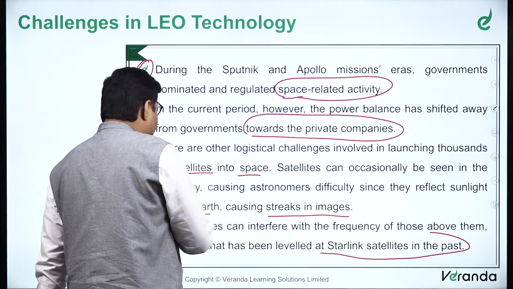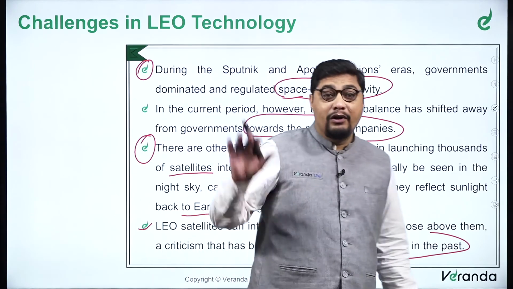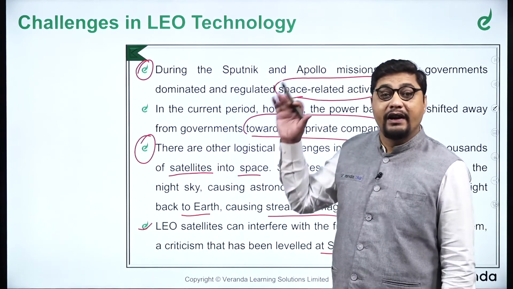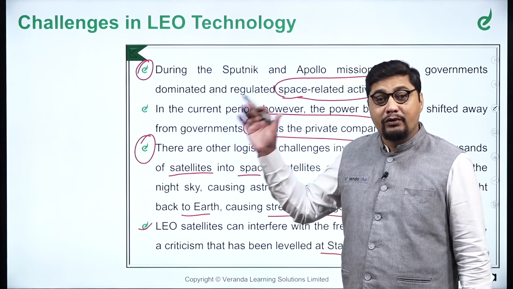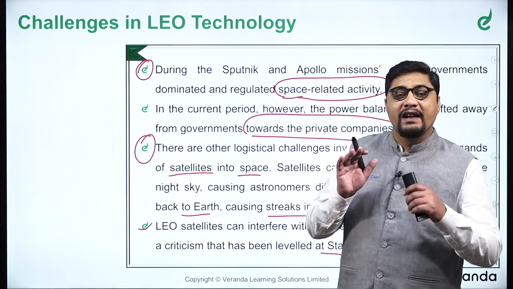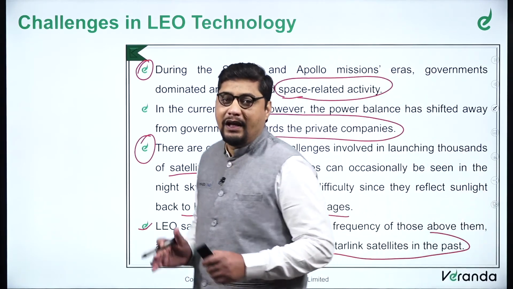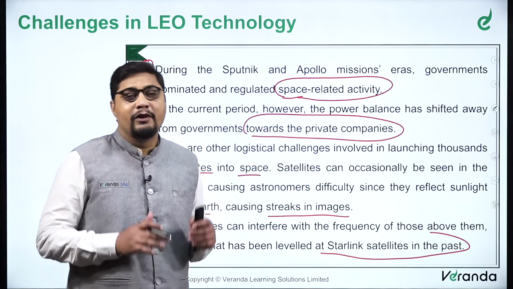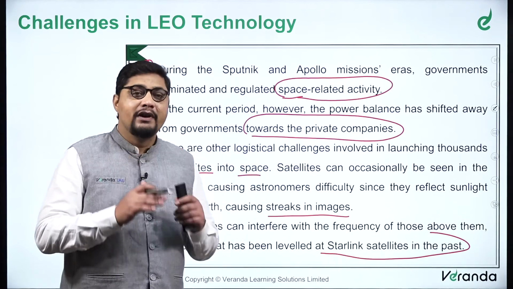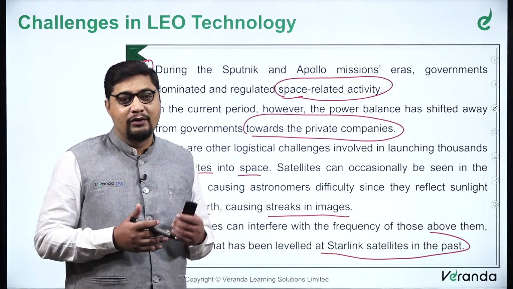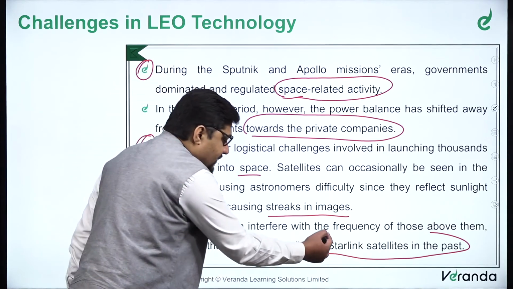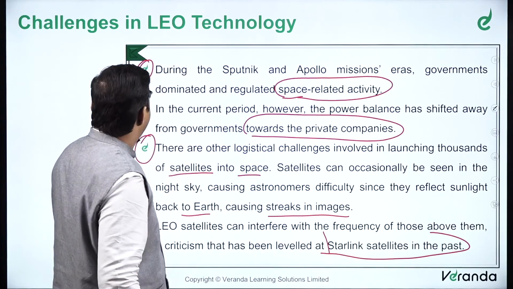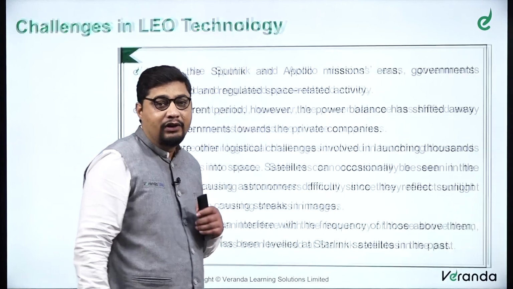With the number of satellites that will be launched in a decade, space debris is also being created. With all this space infrastructure, it is like a traffic jam in space. In the times to come, there can be a traffic jam for signals sent from here to space and received back. That has been the criticism of Starlink. So these are the challenges of LEO technology.